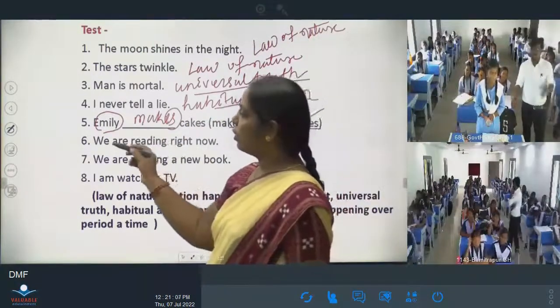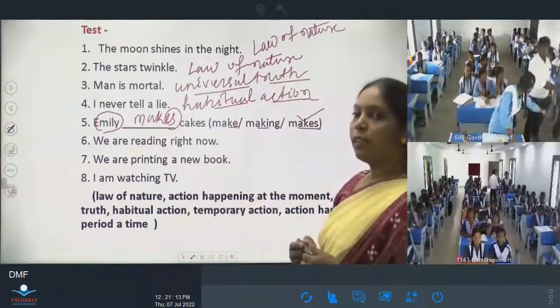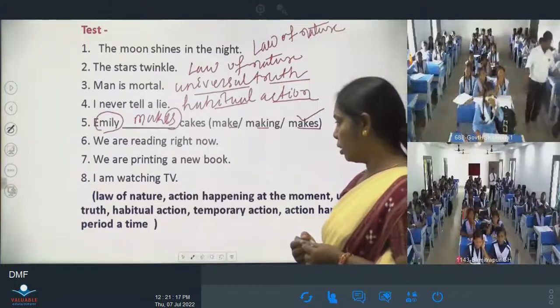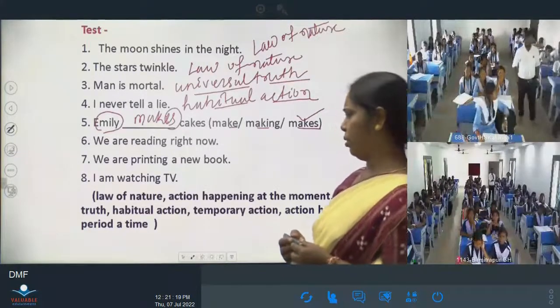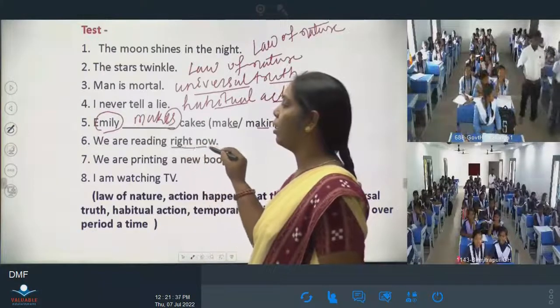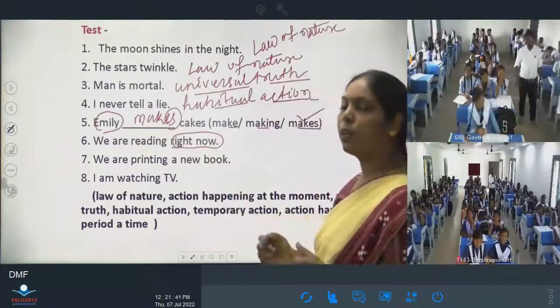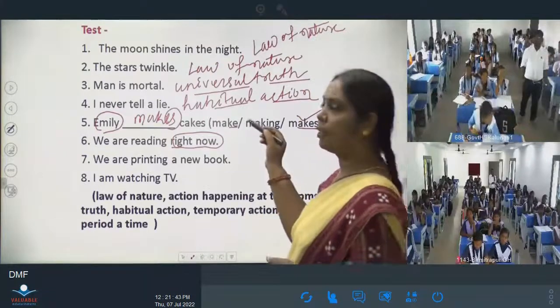Next question is, we are reading right now. What will be the answer? Temporary action. Right now is the signal that the action is going on during the saying.